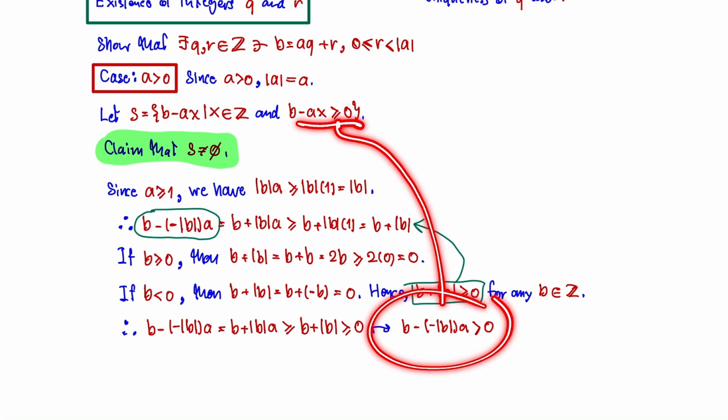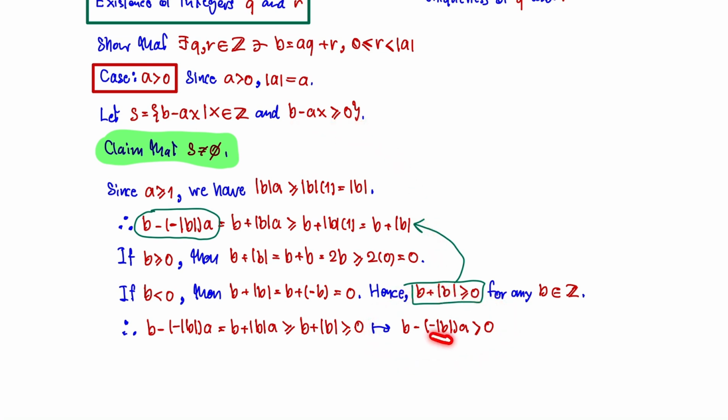Once it satisfies this condition, and b minus the absolute value of b times a is also an integer, this means that it will be contained in set S. That means that set S is not the empty set.